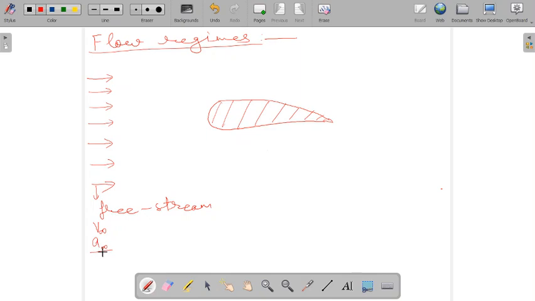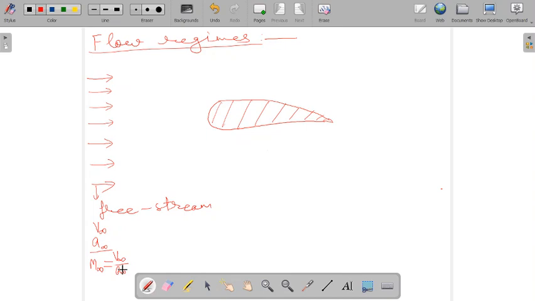Corresponding to this, we will have some Mach number. The Mach number of the free stream will be m infinity. What is Mach number? I have told you in the previous class. So m infinity will be equal to v infinity divided by a infinity. Okay, is this point clear? So the Mach number for the free stream is v infinity by a infinity.